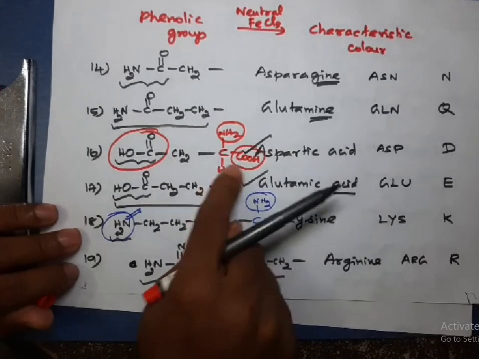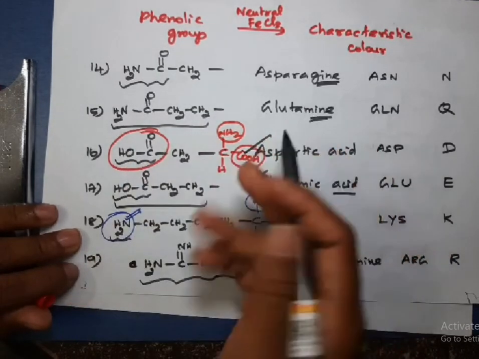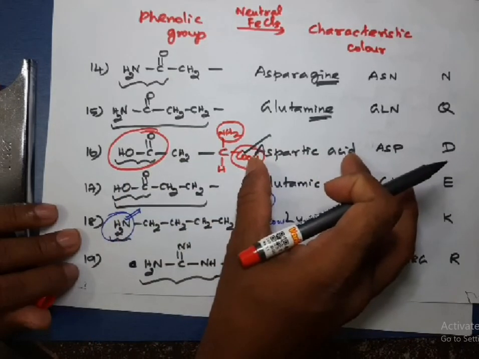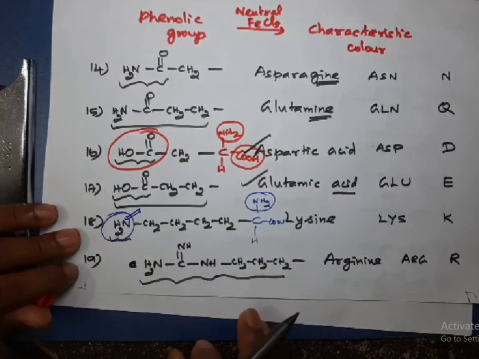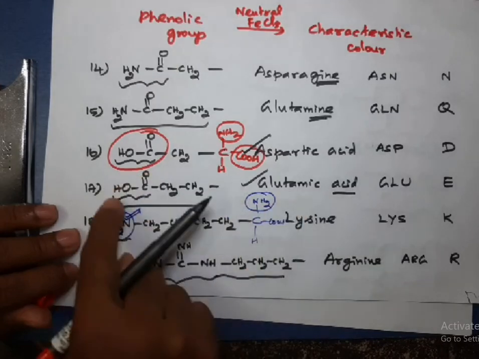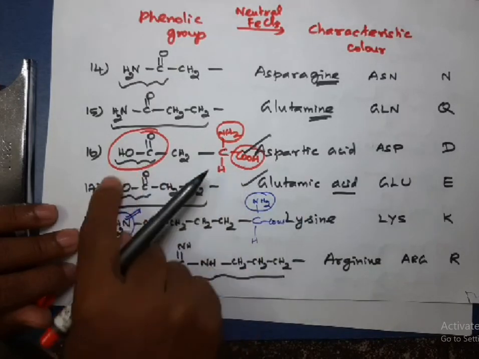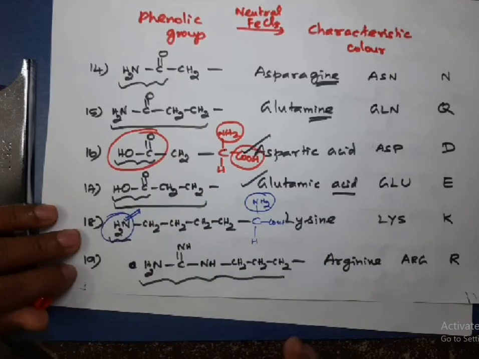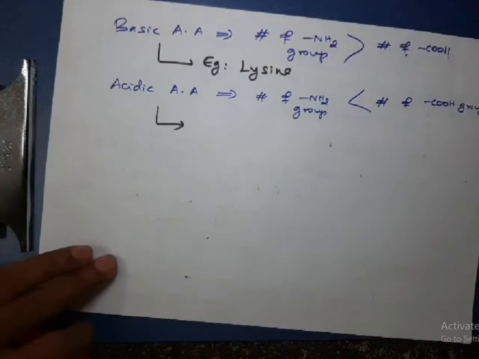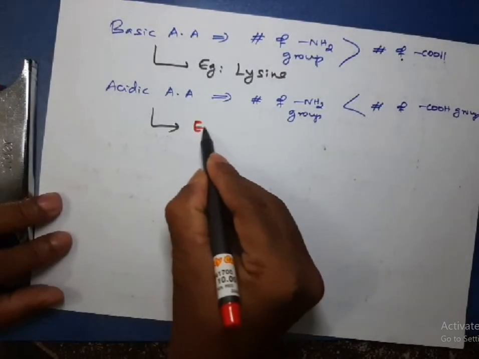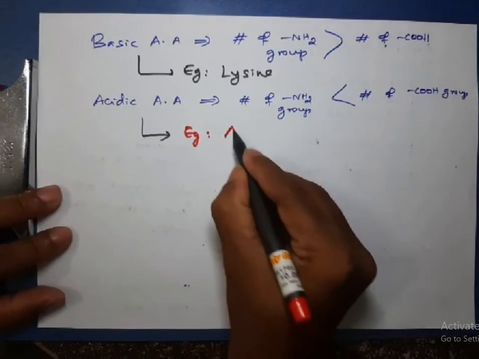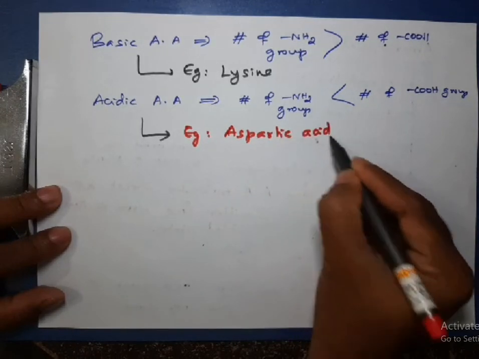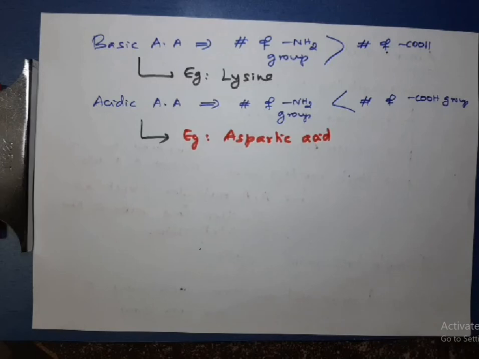So the number of acid groups is more compared to amino. Therefore aspartic acid is an acidic amino acid. Similarly, glutamic acid also contains one extra acid group. Therefore this is also an acidic amino acid. So for acidic amino acids, examples are aspartic acid and glutamic acid.